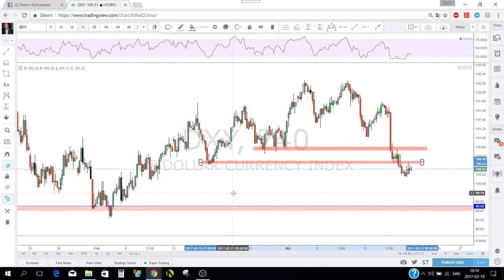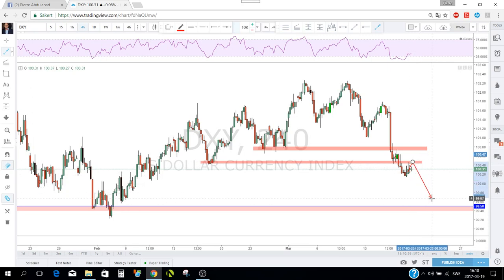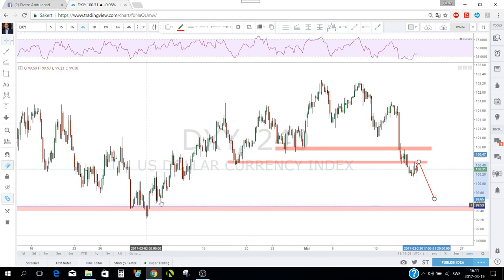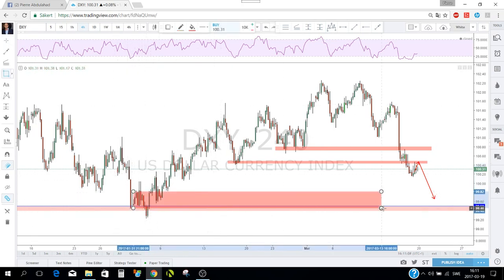So what is left is this area down here, this structure down here, that maybe will be a possible market objective to retest this area down here. This whole thing here maybe can be a good order block down here, as you see.